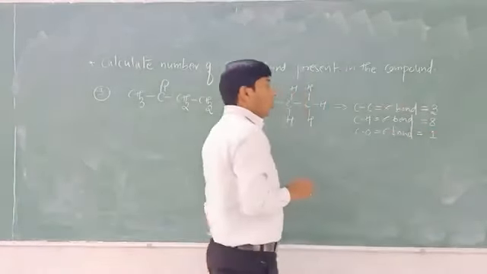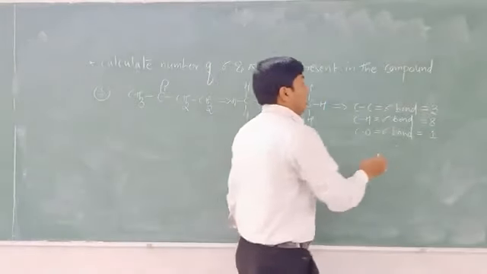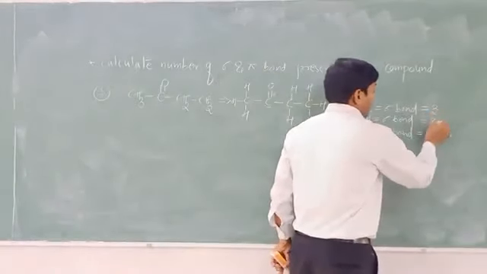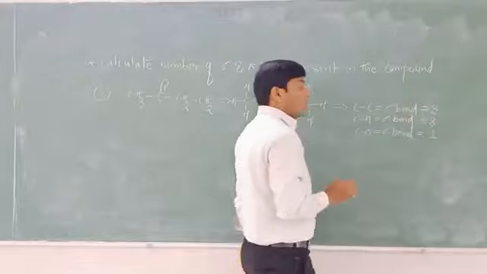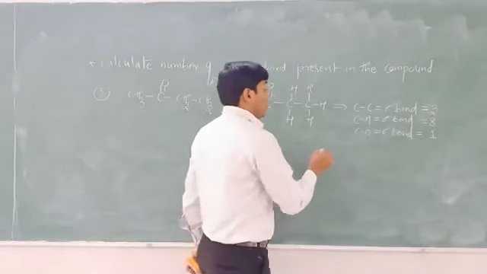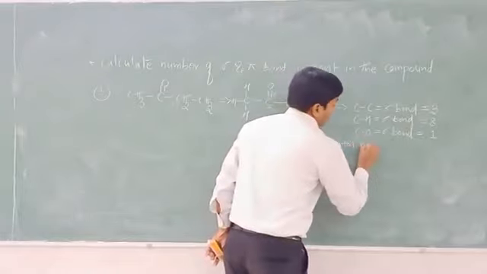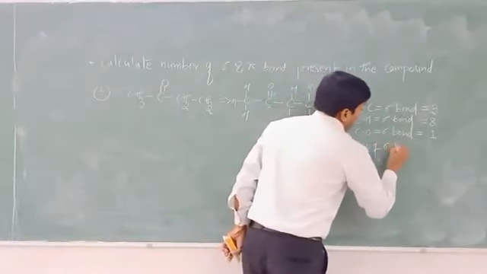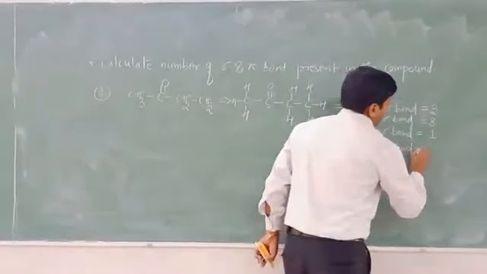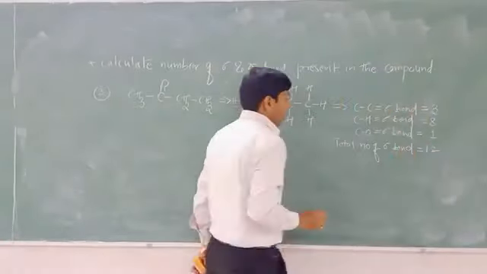So the total number of sigma bonds is 3 plus 8 plus 1, so a total of 12 sigma bonds are present in the compound.